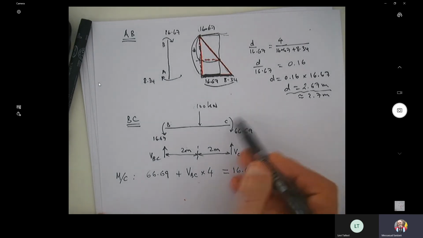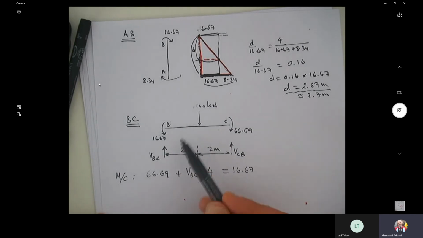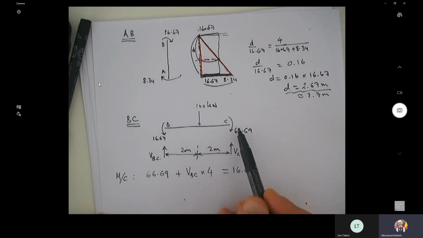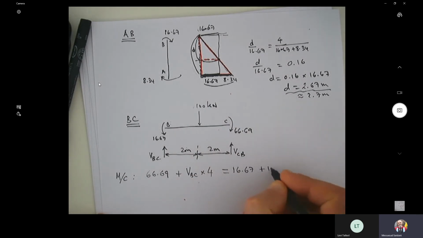Let me start again. So we take moments about C. Clockwise we have VBC times 4. Then anti-clockwise we have 66.69, and then we have the 100 here, which is 100 times the distance 2.